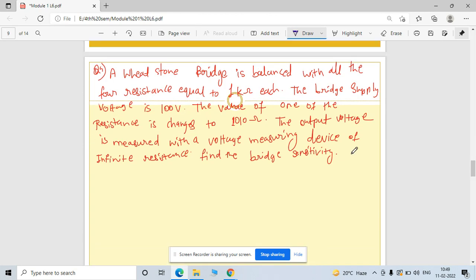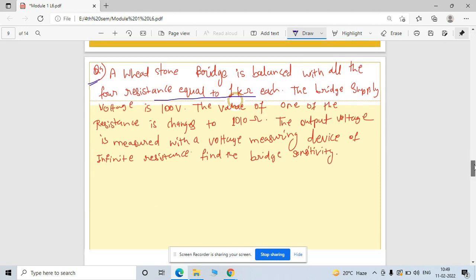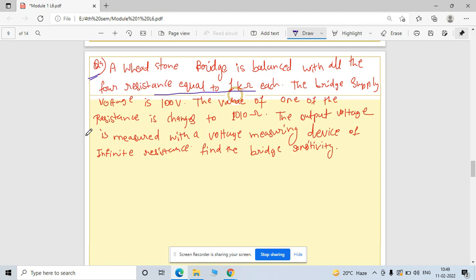Now this fourth problem, see that problem. A Wheatstone bridge is balanced with four resistances equal to 1 kilo ohm each. Okay, so a balanced Wheatstone bridge is given here. So let's draw the circuit. So this is your general circuit diagram of the Wheatstone bridge.